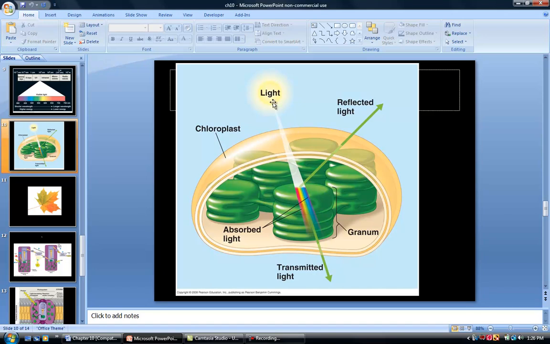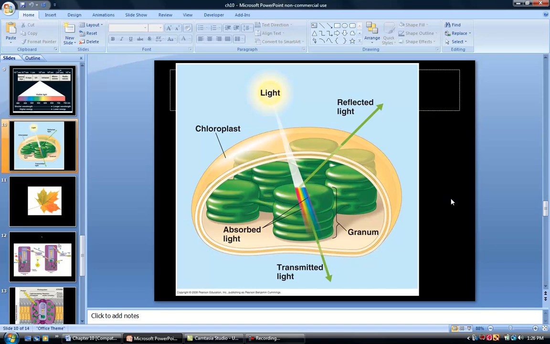Now, if we have this situation where you have light, all the colors of the rainbow hitting this thylakoid, and the only color getting reflected to your eye is green, we are going to see this thylakoid as green. Okay, so whatever color is getting reflected into your eye is going to be the color that you will perceive something to be. So if you look to the border of the slide and this looks black to you, what that means is all of the colors are actually getting absorbed and none of them are getting reflected back to your eye.